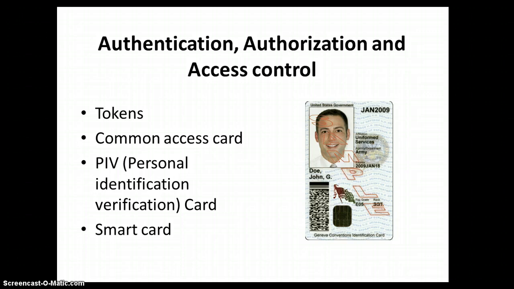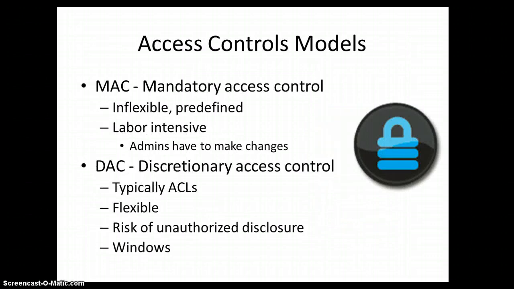We've also seen the personal identity verification, or PIV, cards, which have come out since September 11th, that really help with HSPD-12, the Homeland Security Presidential Directive number 12, and put that in full effect.